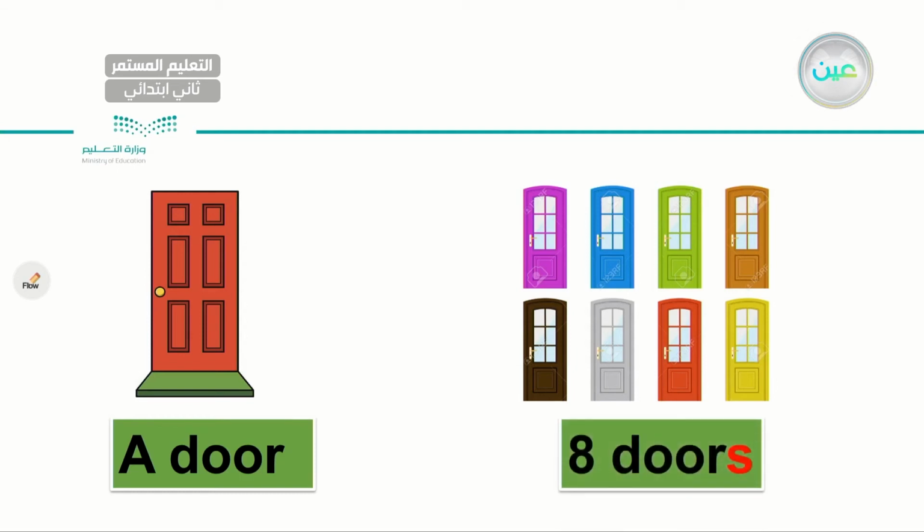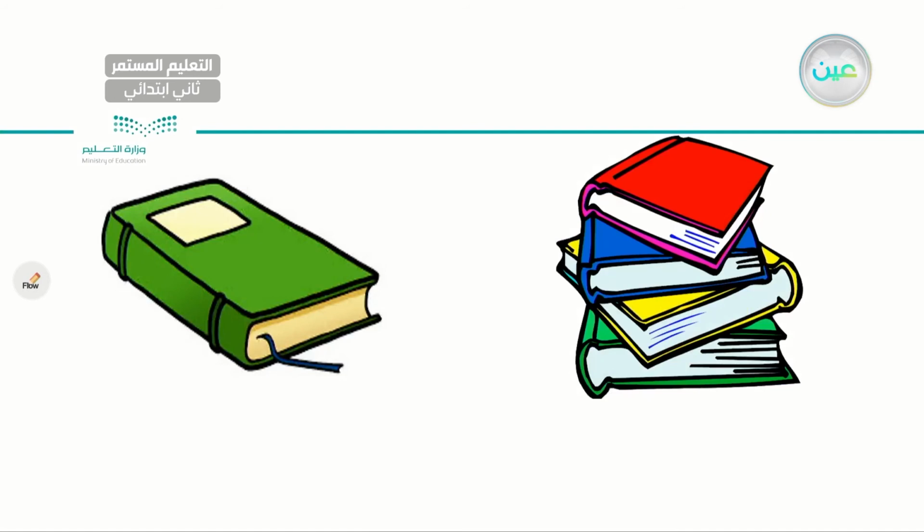Now, for the picture to your left, I have an article. A door. But to your right, I don't have an article. Why? Because it is plural. I have more than one. 8 doors. So article with singular, no articles with the plural. I'm talking about a and an. Okay?